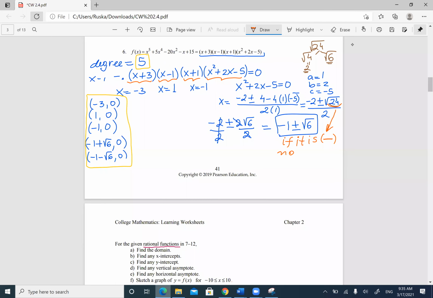This term is going to give you no X intercept. But in this case, it's positive, so it's going to give you X intercept. Because if it's a negative number inside the square root, it's a complex, imaginary number. The imaginary numbers, you don't graph them on the graph. So if the square root is negative, this term is not going to give you X intercept, but you're still going to have the other three. Okay? So that's how you do that.